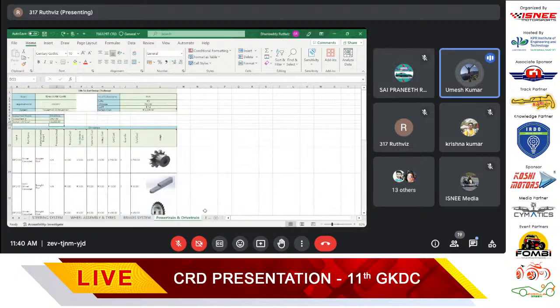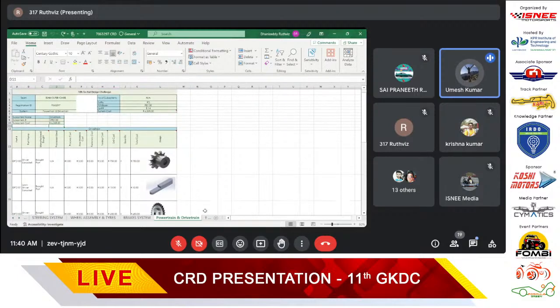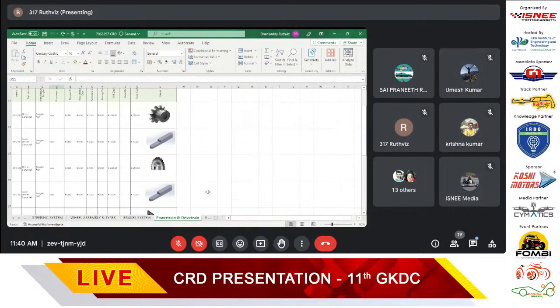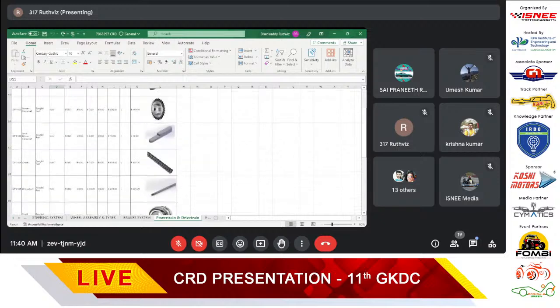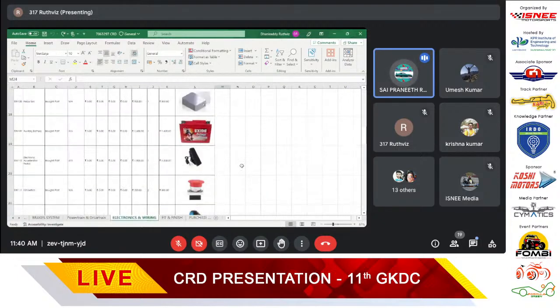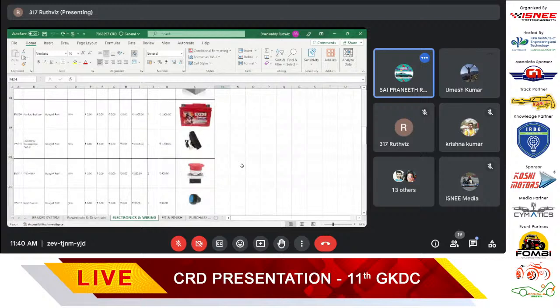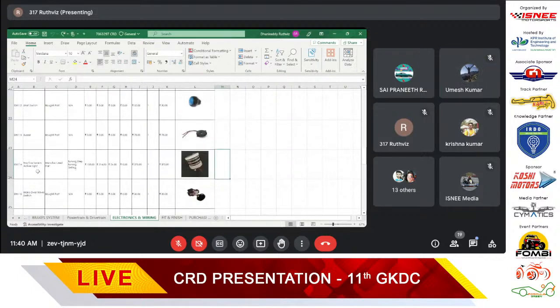Okay, then any part that you have manufactured in-house? In powertrain and electricals, we have manufactured the tractive system active light, and also the chain guard.